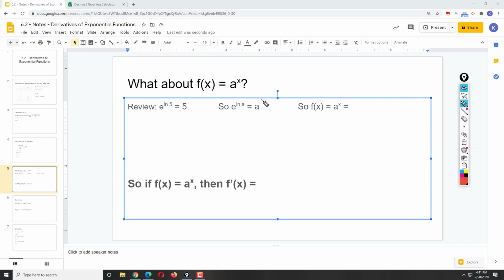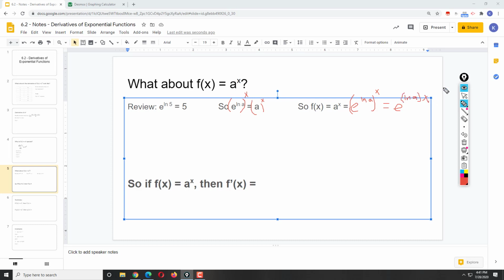That means that a to the x power is the same as e to the ln a, to the x power. But using our rules of exponents, that's the same as e to the ln a times x.